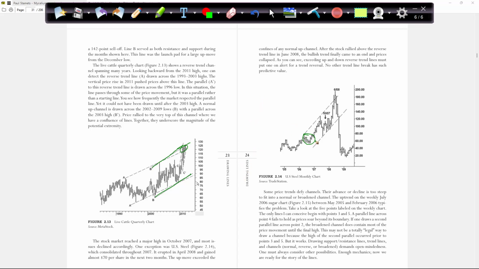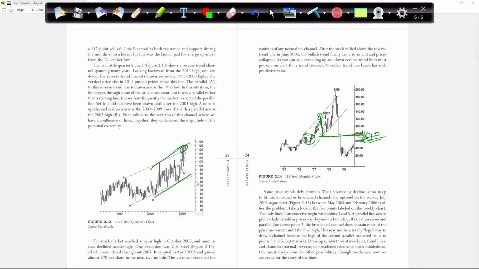Then it erupted from here and gained $70 per share in the next 2 months.